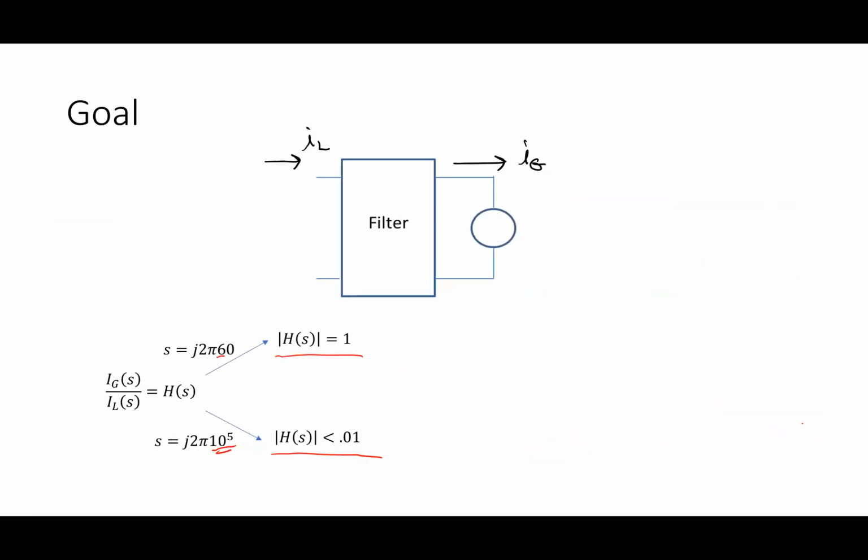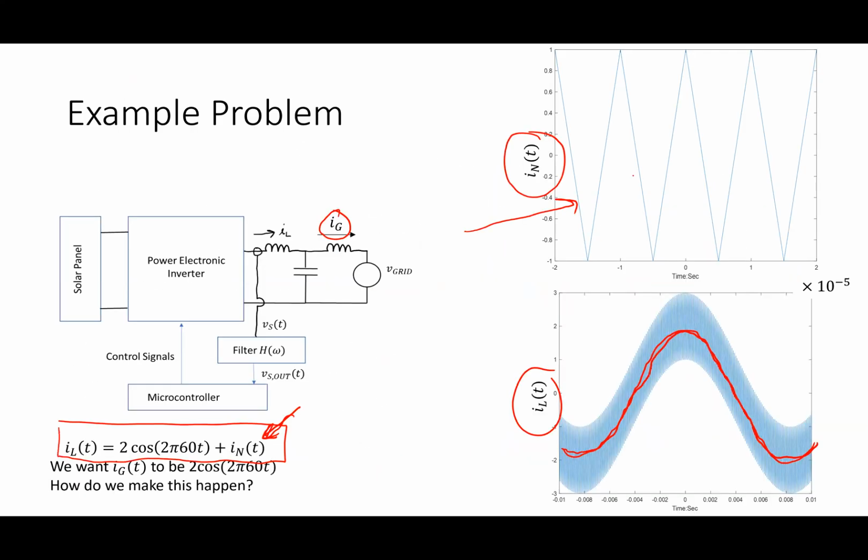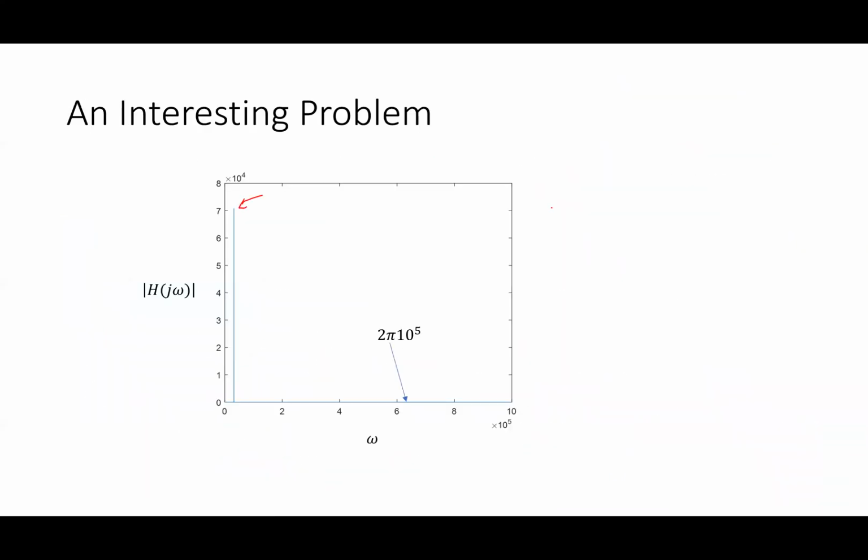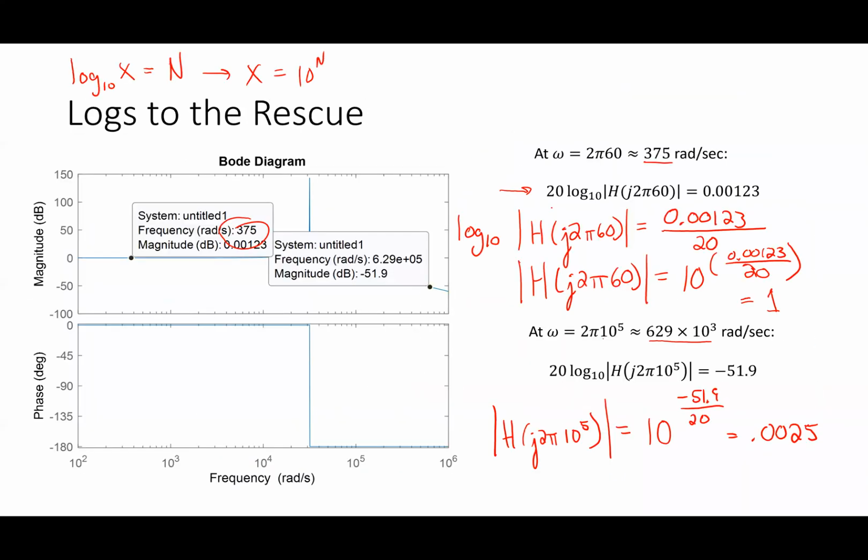It means that this noise that was apparently going from minus 1 amp to 1 amp is instead going to be 2.5 milliamps to negative 2.5 milliamps.